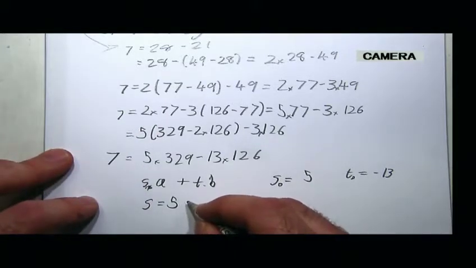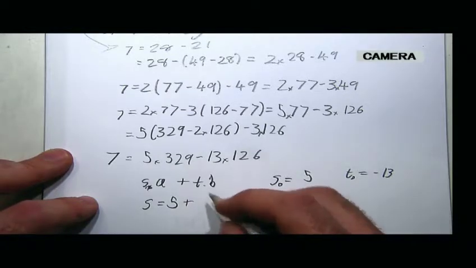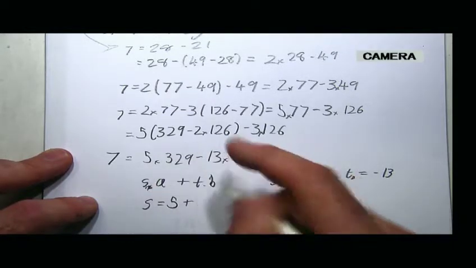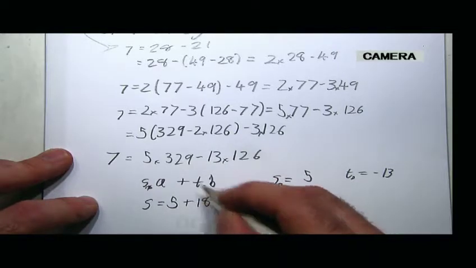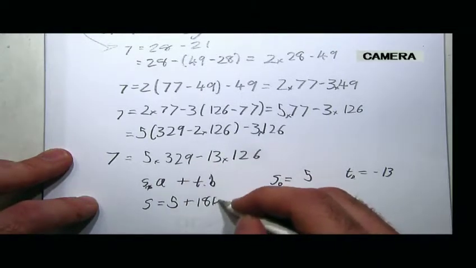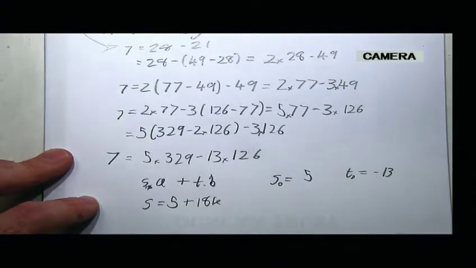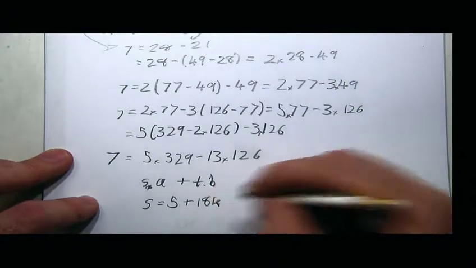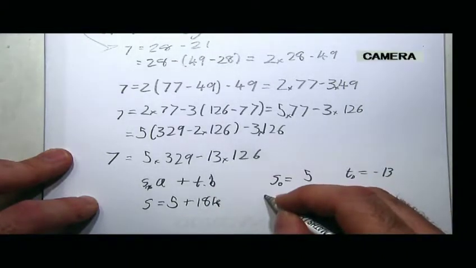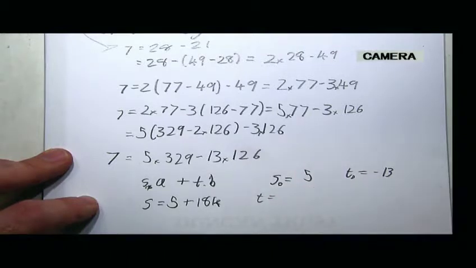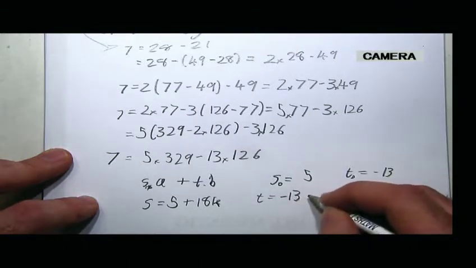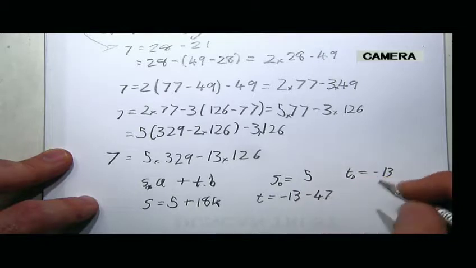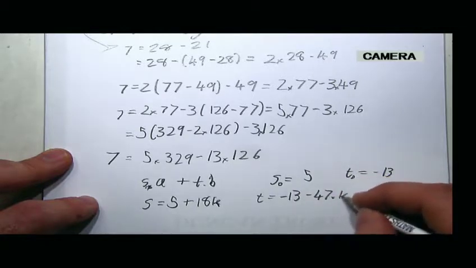So if I have S equal to 5, where S is timesing the larger number, plus 18 times some integer k, and T is equal to minus 13 minus 47 times k.